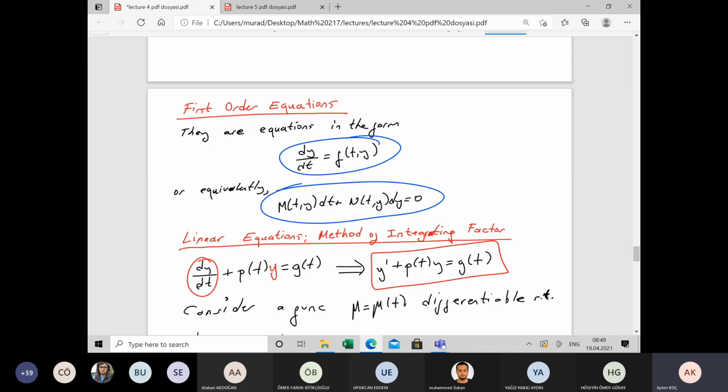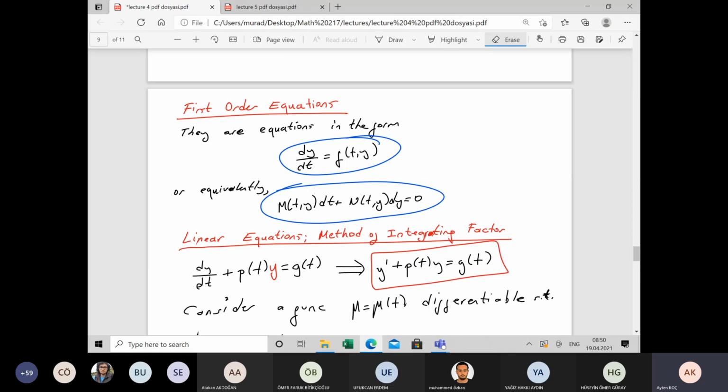Our aim here, always the first step, is to identify the differential equation, and then the second step, choose the appropriate method, and then solve the equation. Now look at this equation: it is a first order linear equation.